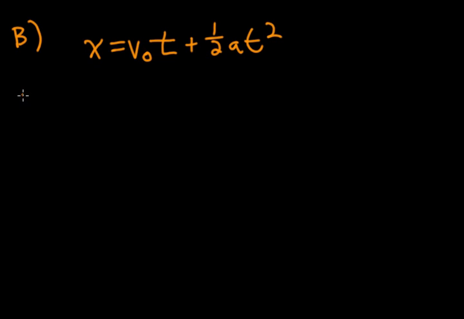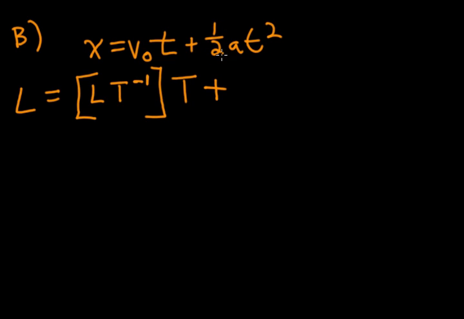So again, on the left-hand side, we have length. V naught is meters per second, length per unit time, right? Length per time. Remember I said I'm a big fan of keeping my negative exponents. You can think of this as L over T.